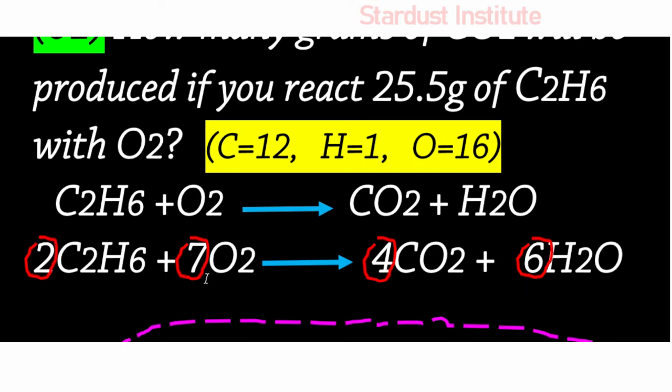On the left hand side 7 times 2, 14 oxygens. And on the right hand side 4 times 2, 8 oxygen, and here 6 oxygen. Altogether 14 oxygen on the right hand side. Our chemical equation is balanced.